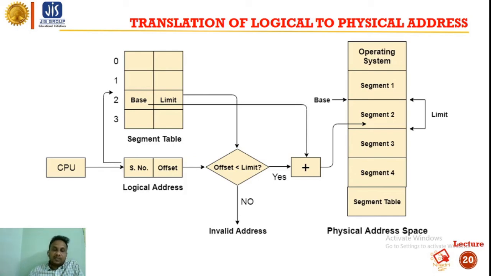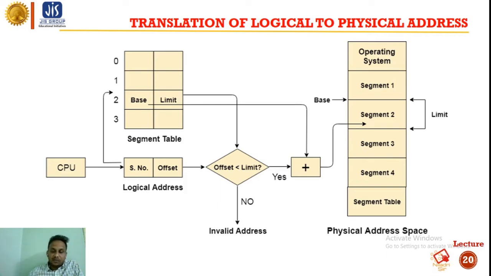So the physical address space is conceptually divided into a number of fixed size blocks called frames, and the logical address space is divided or split into fixed size blocks which are called pages. So we can say that the page size is equal to the frame size.